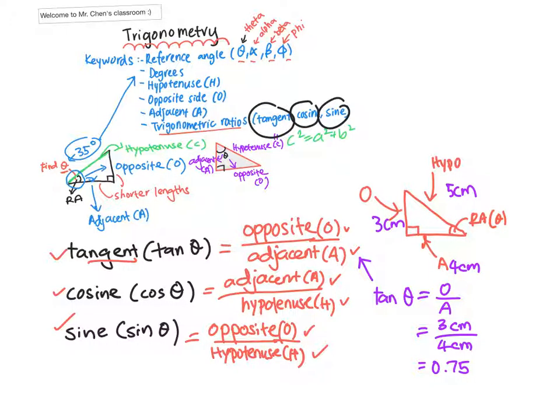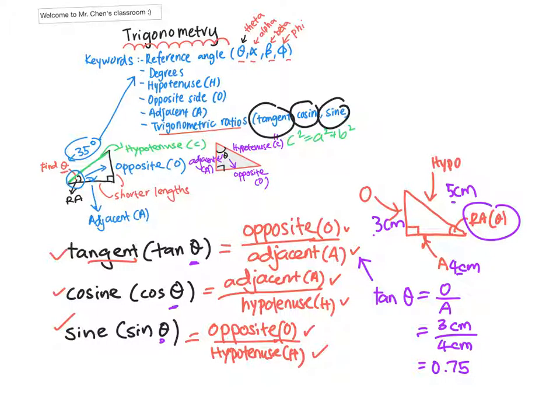Okay, so if you do it for the rest of them, you will find a different value for both cosine and sine compared to tangent. It is very useful because we can actually find out what this reference angle is if two of the lengths are given.